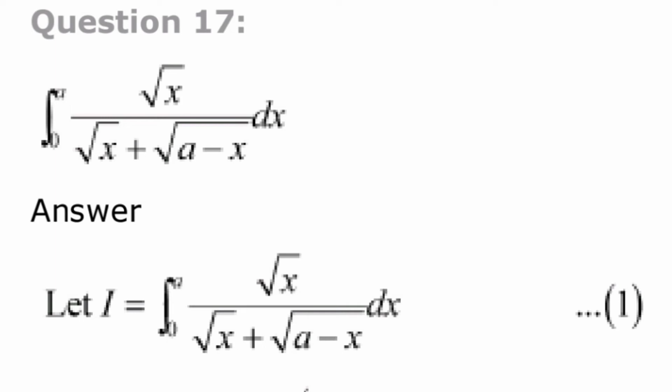So simplifying, it is identified as I. After that, it is denoted by I, and this number is indicated as 1.